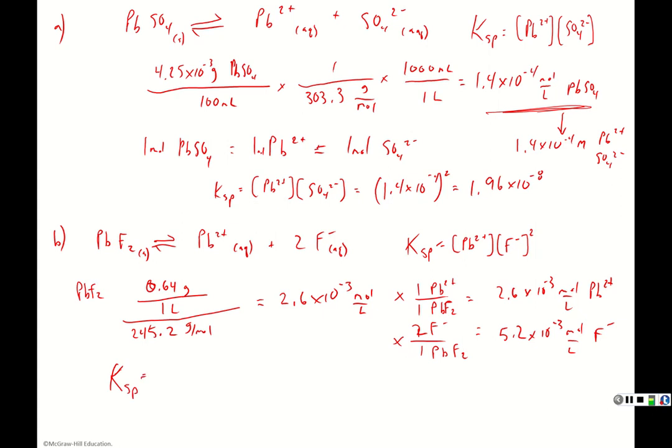It equals concentration of lead 2+, 2.6 times 10 to the minus 3, times 5.2 times 10 to the minus 3 squared for F-. And we get something like 7 times 10 to the minus 8. Okay, so that's how we would calculate KSP's given solubility of slightly soluble inorganic compounds.